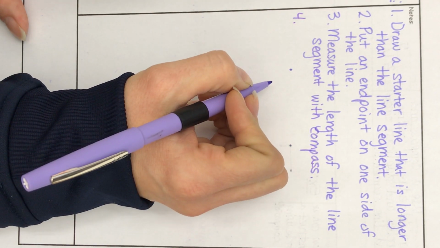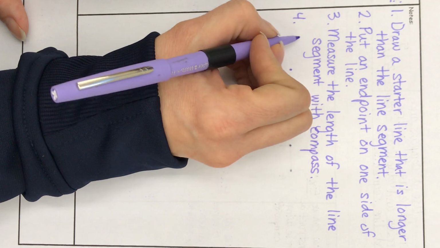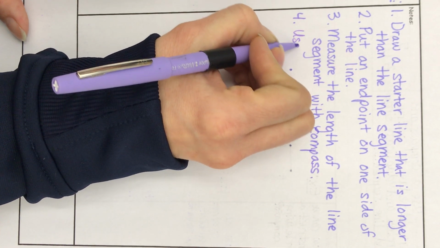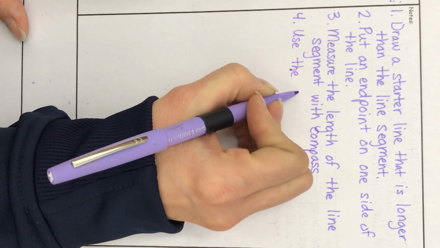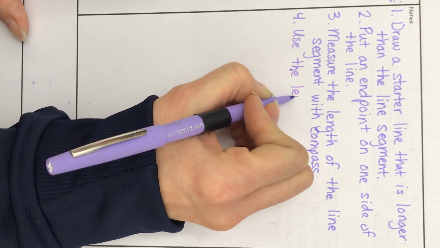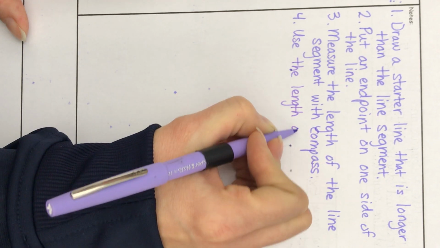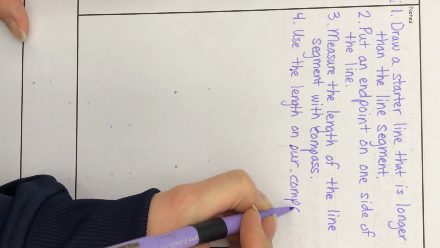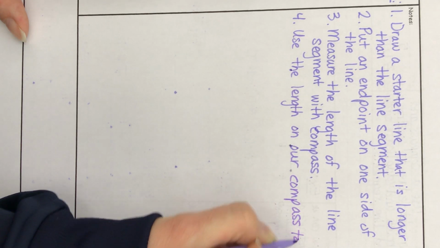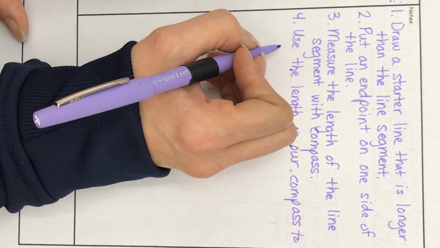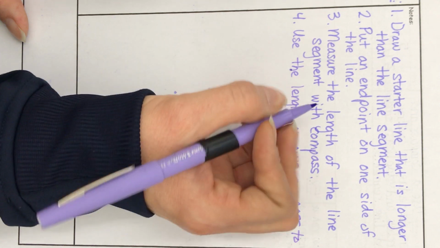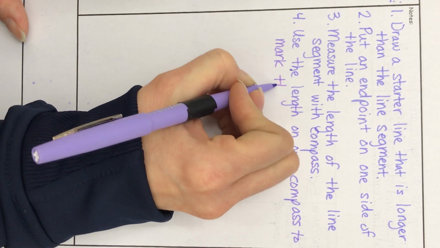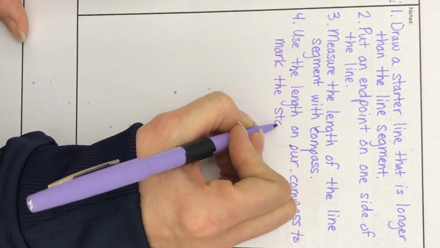Step 4 is we are going to use the length on our compass to mark the starter line.